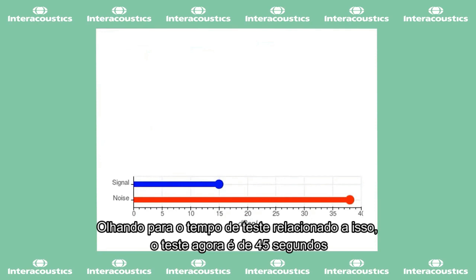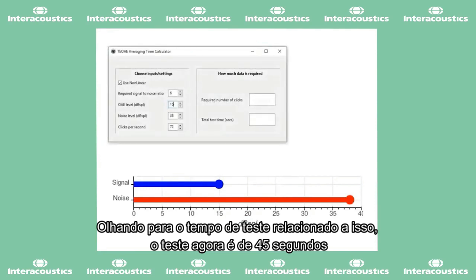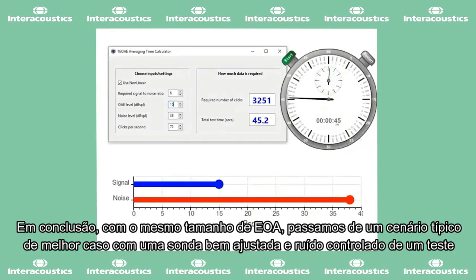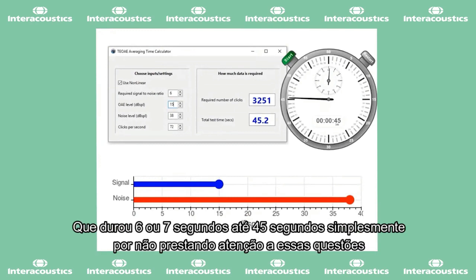Again, looking at the test time related to that, the test is now 45 seconds. So, in conclusion, with the same size of otoacoustic emission, we've gone from a typical best-case scenario with a well-fitted probe and controlled noise of a test that lasted 6 or 7 seconds, all the way up to 45 seconds, just simply by not paying attention to those issues.